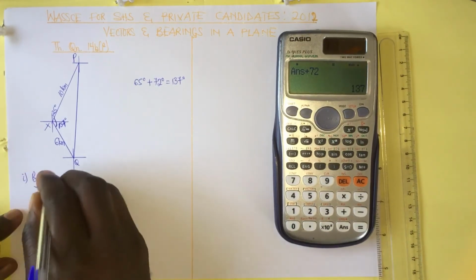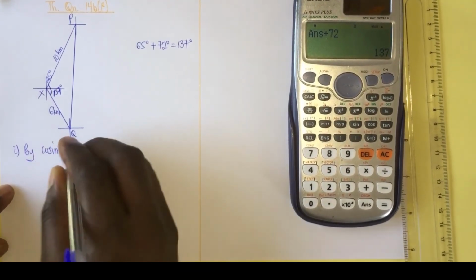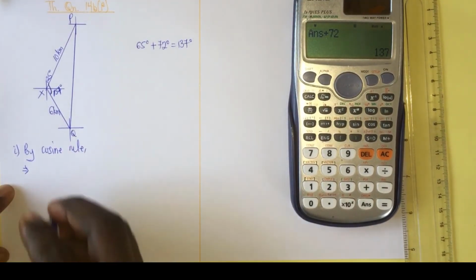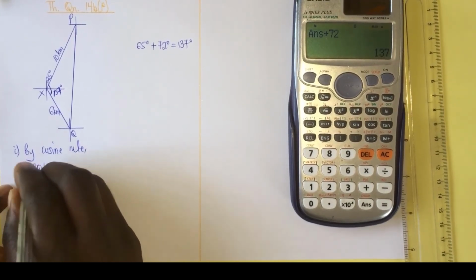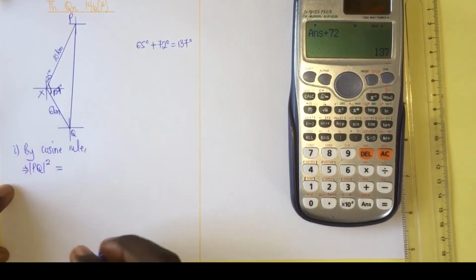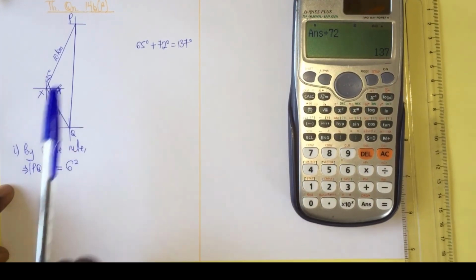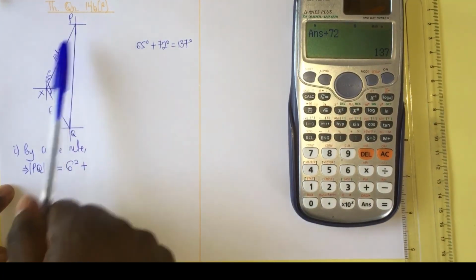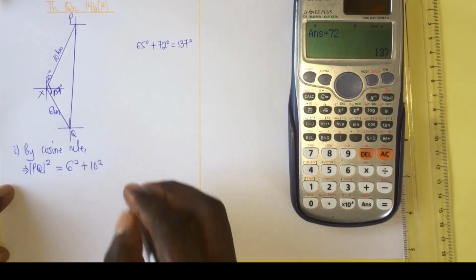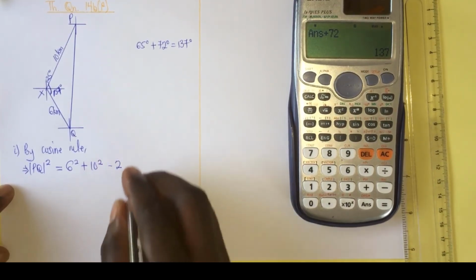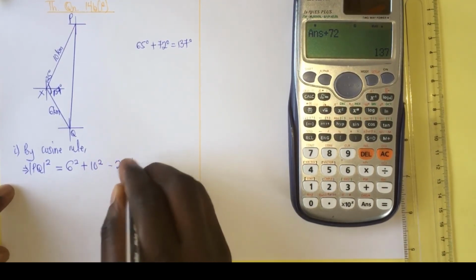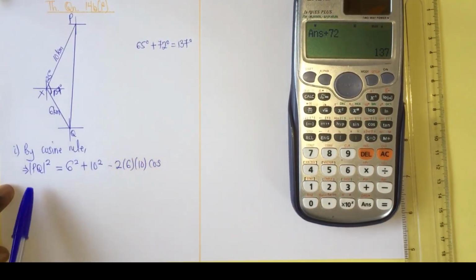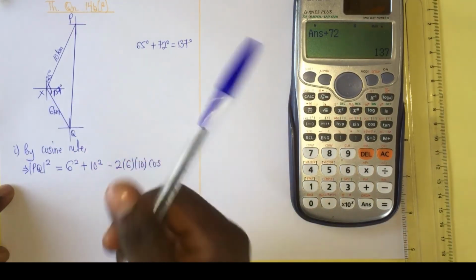By the cosine rule, it implies that our PQ square will be equal to QX square, plus the side PX square, minus 2 multiplied by 6 and multiplied by 10 cos the angle opposite to PQ, which is 137.